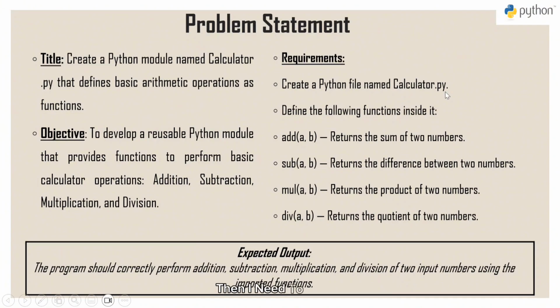Then I need to define functions for performing addition, subtraction, multiplication and division. The expected output is that the program should perform addition, subtraction, multiplication and division of 2 input numbers using the imported functions. Okay, so this is the problem statement. So we will solve it now.